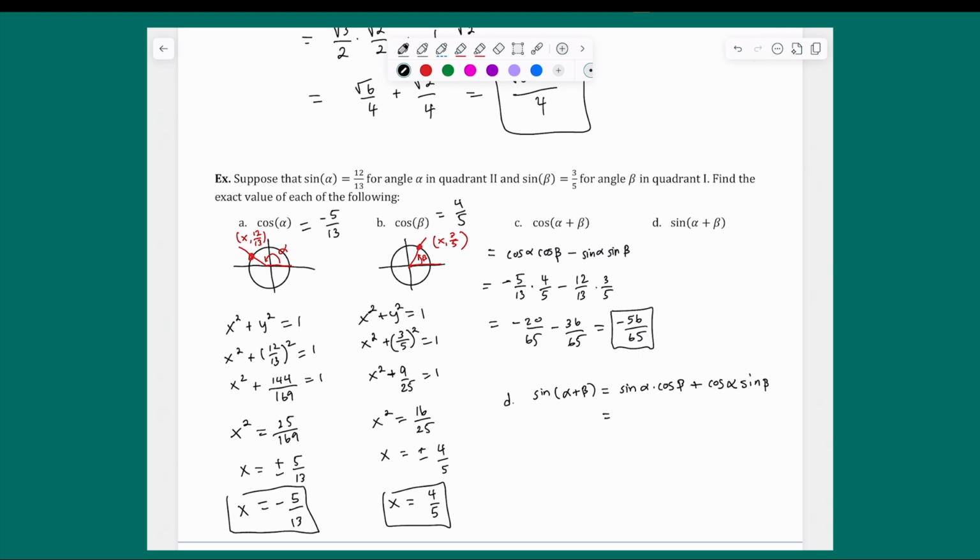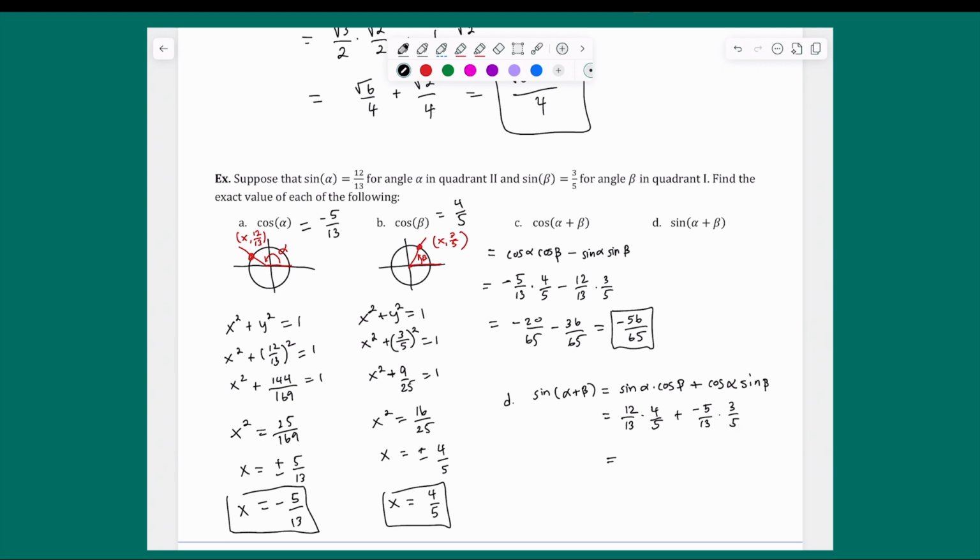All right, well, sine of alpha we know is 12 over 13, and cosine of beta, which we found to be 4 over 5, and then plus cosine of alpha is negative 5 over 13 times sine of beta, which is 3 over 5.